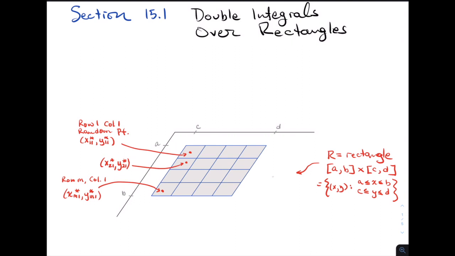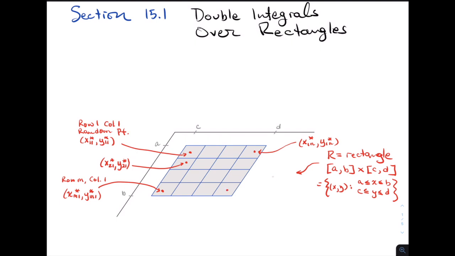Way over here you could label this point x1n star, y1n star, so that's row 1, column n.